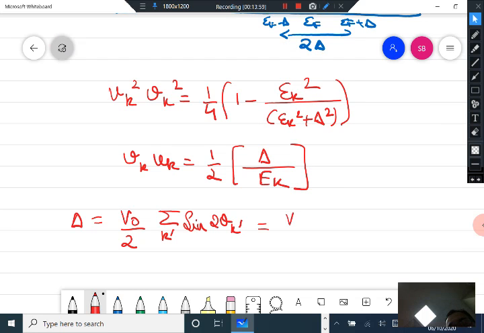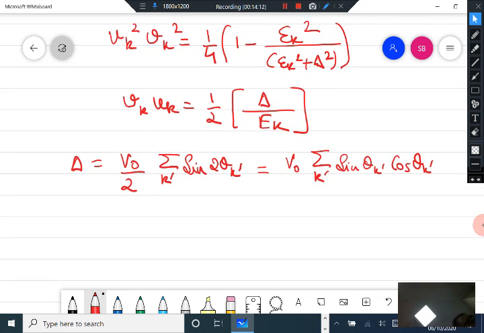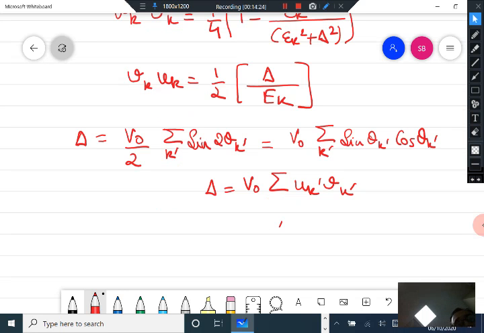This is nothing else but V0 by 2 summation over k prime sine theta k prime cos theta k prime. So this is your delta. This delta is nothing else but V0 summation of Uk prime Vk prime, summation over k prime.